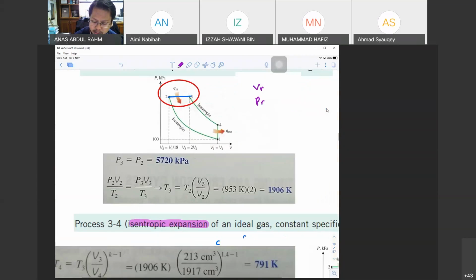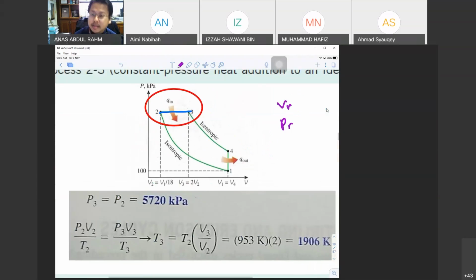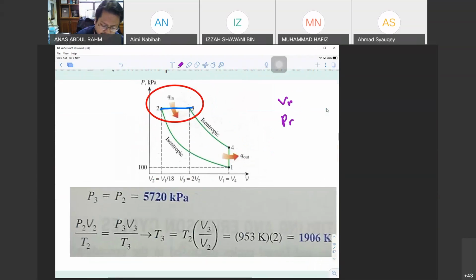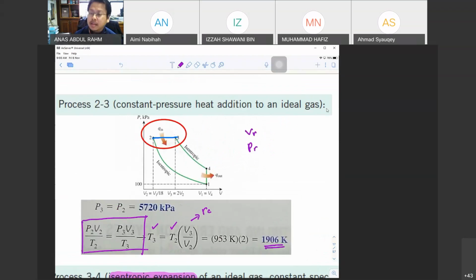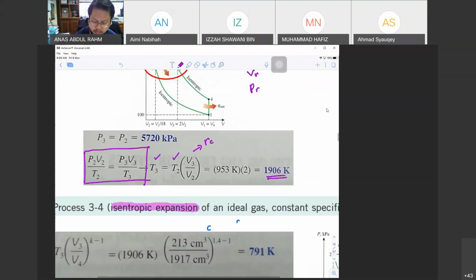For non-isentropic processes, like 2 to 3, usually you can use the ideal gas equation. Since we know the values, we can find T3. T2 was calculated before. V3 divided by V2 is the cut-off ratio, RC. So you get T3.